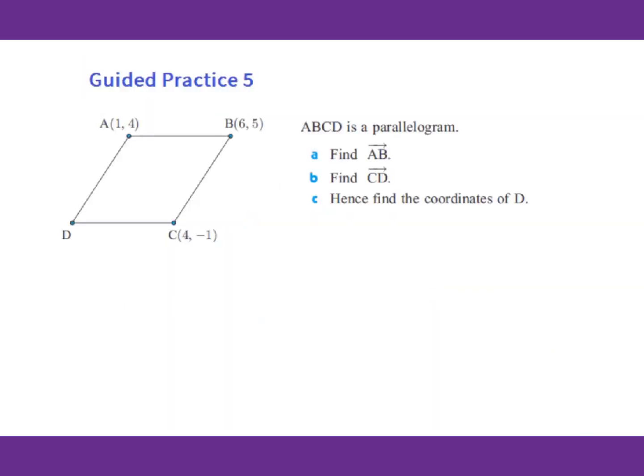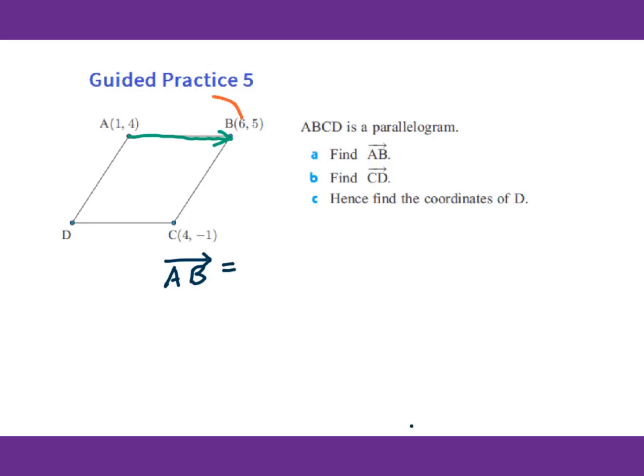Now let's go to guided practice 5. ABCD is a parallelogram. Find vector AB. So vector AB equals the endpoint minus the starting point. This is the ending because they said A to B. We have to use the coordinates of the ending point minus the starting point.